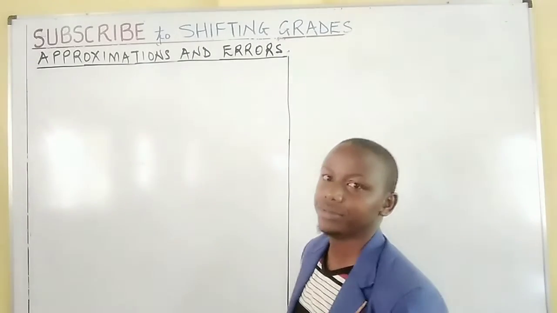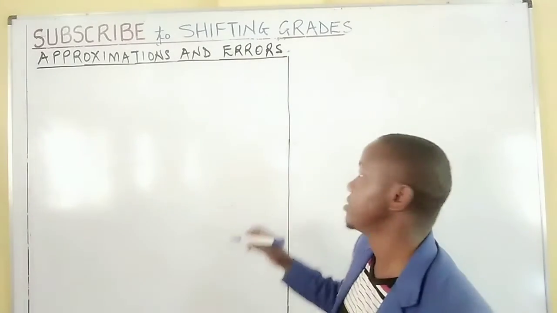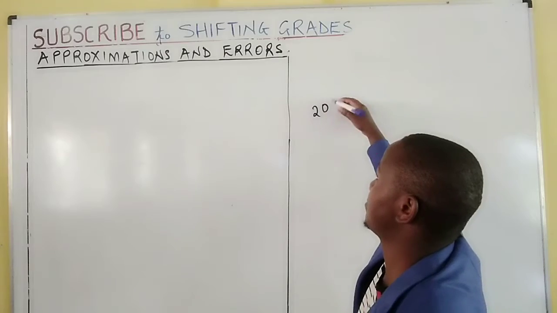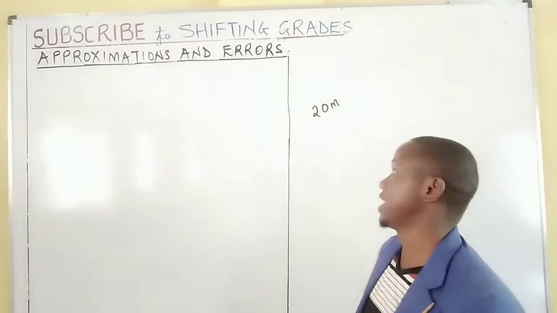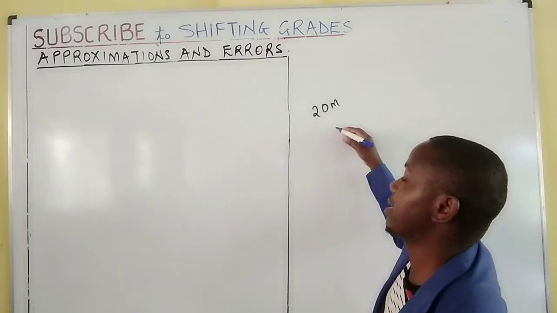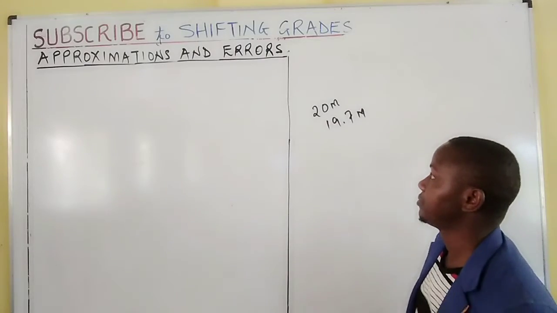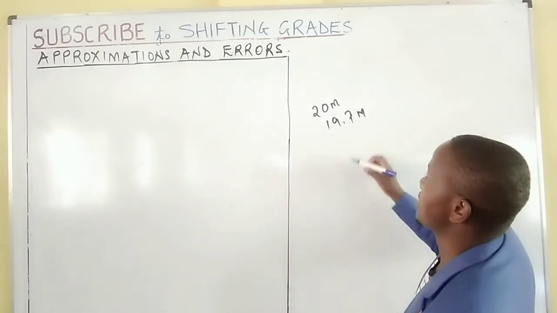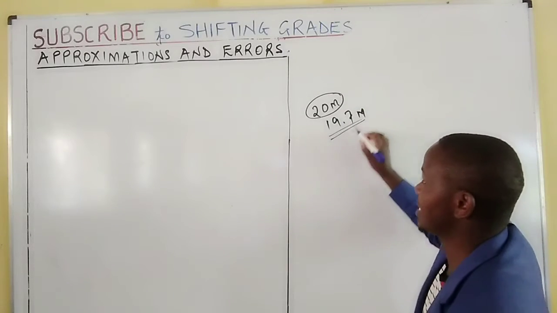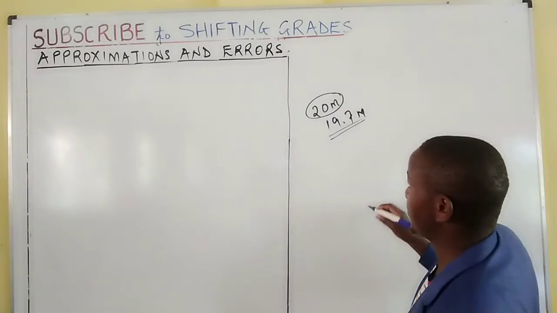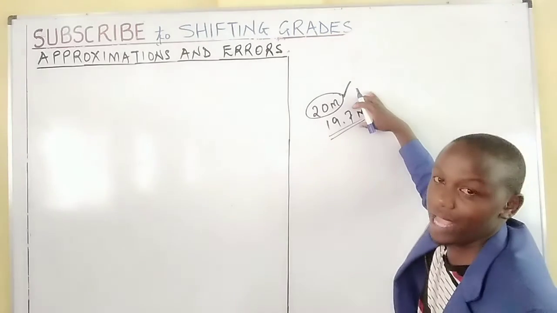So if, for example, we say that the length of this classroom is 20 meters, but in actual sense we measure and later realize that it is 19.7 meters, you realize the value we had stated is not the exact value we get after measurement. And therefore, this value is just close to the actual value.